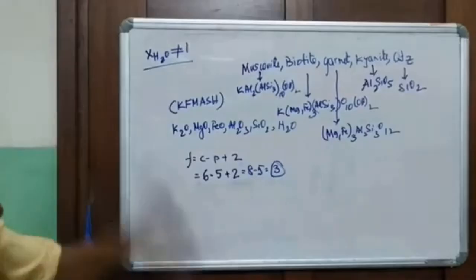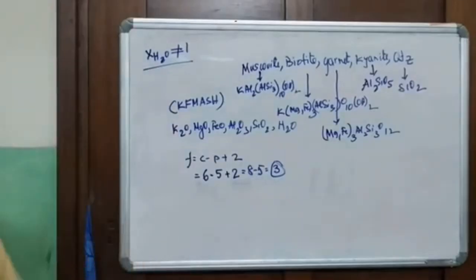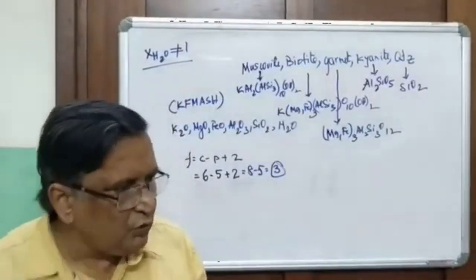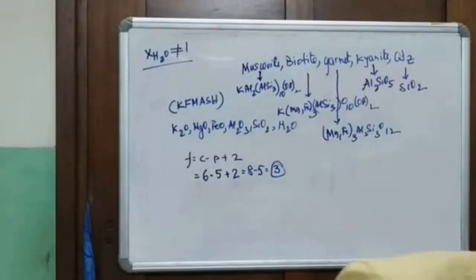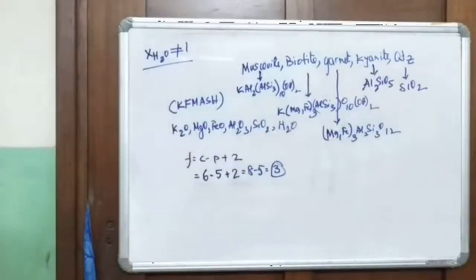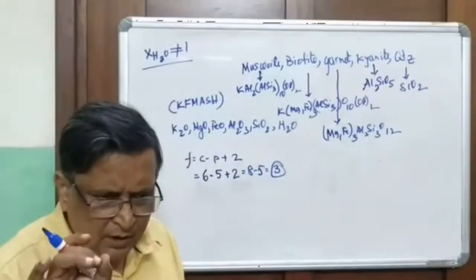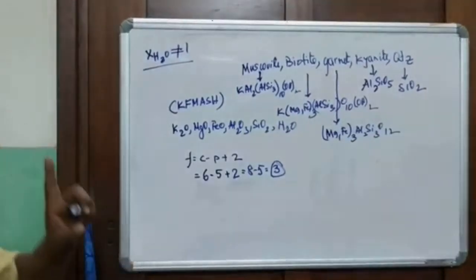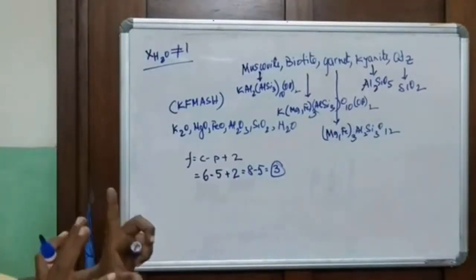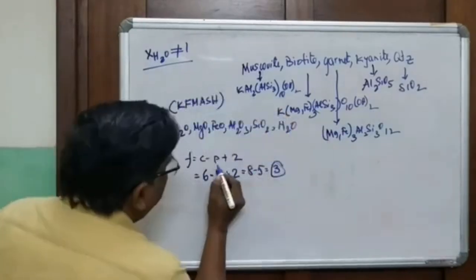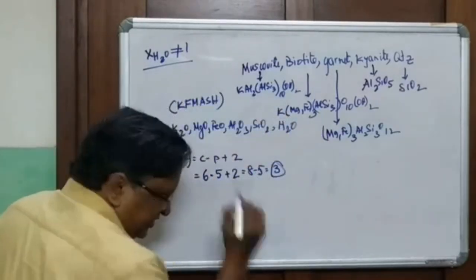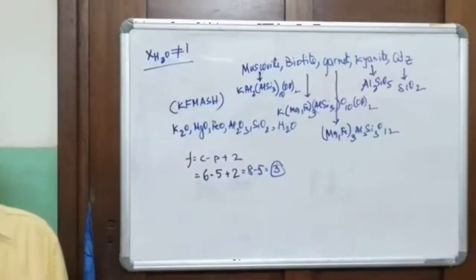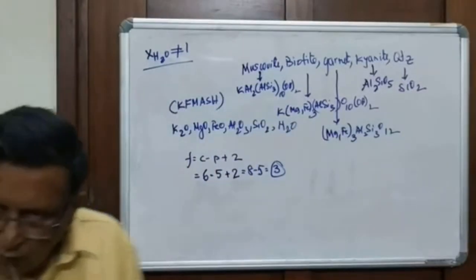Before we go further, I would like to clarify one interesting thing that you must realize. These are very crucial, very delicate things to understand. Imagine if I took phase 6, what phase?